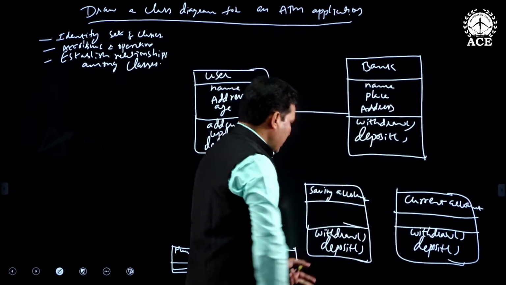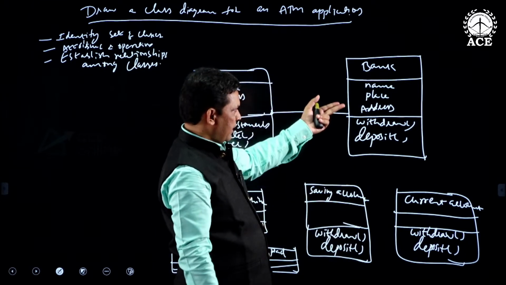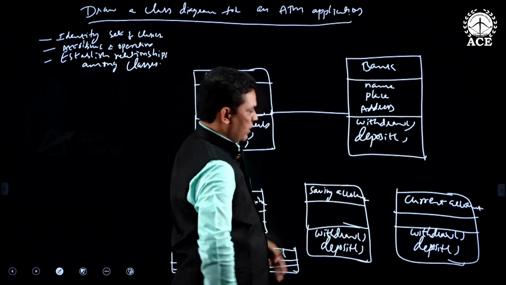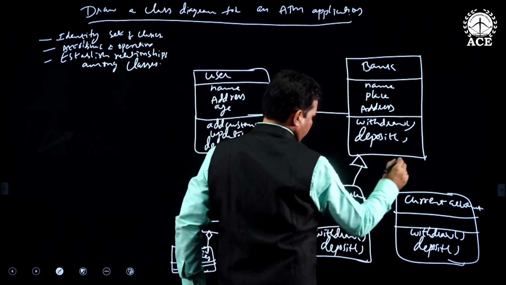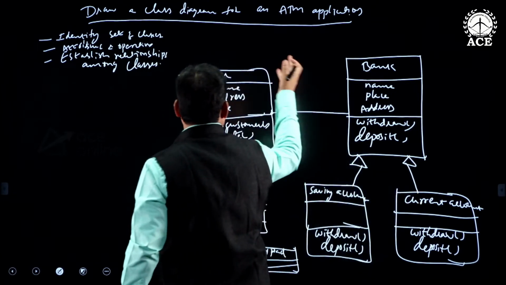Let's consider these three classes: bank, savings account, current account. Which one is the parent class here? Bank. What are the child classes? Savings account and current account. If you want to model parent and child classes, the best suitable relationship is the generalization relationship.